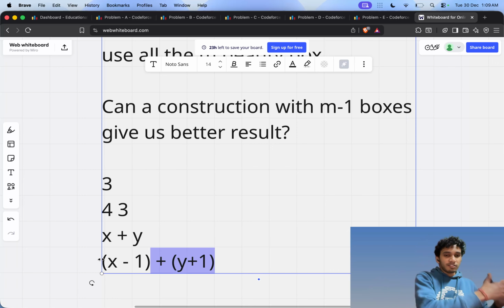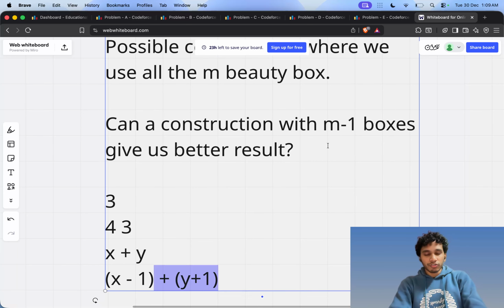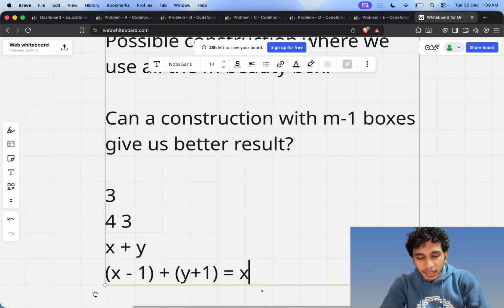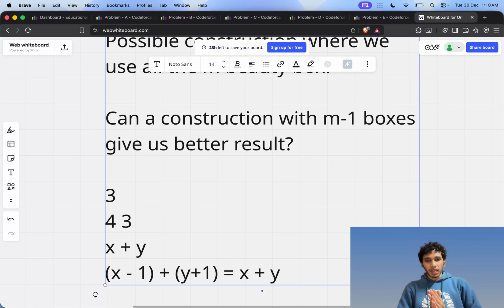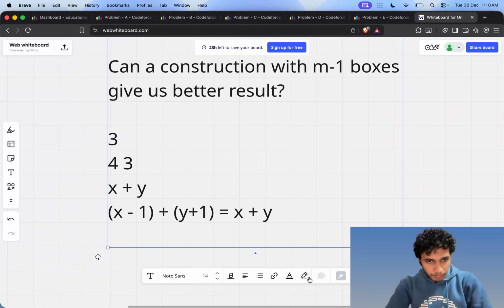We had such an optimized version of our choice of beauty for boxes. Now, overall, how many people can be made happy? There are x plus y people that could be made happy.